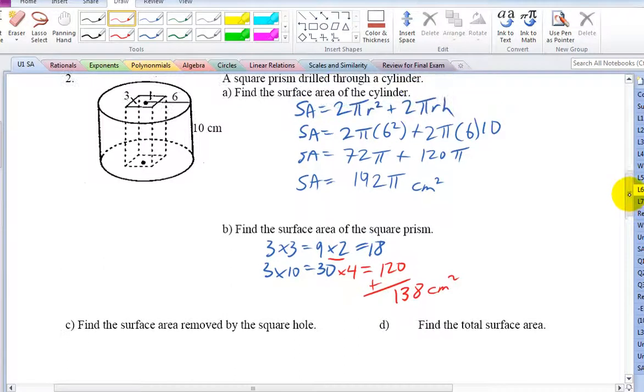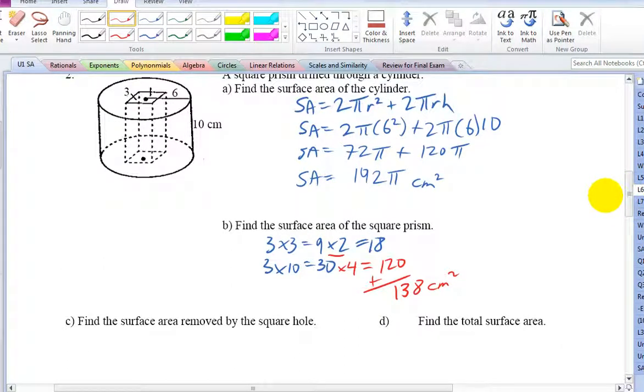Okay, 192 pi for the cylinder, 138 centimeters squared for the square prism. Notice you got to pay attention to the dimensions. Only if it's a square can you multiply by 4 because of the 4 same rectangles. You can't do that all the time. So don't get tricked by that and do it every single time you find a rectangular prism.